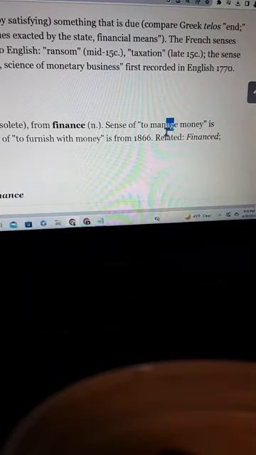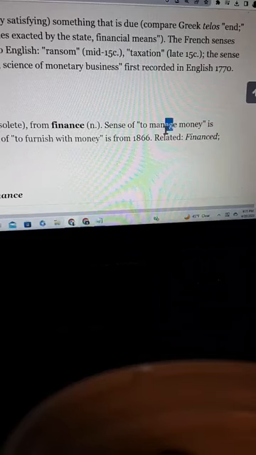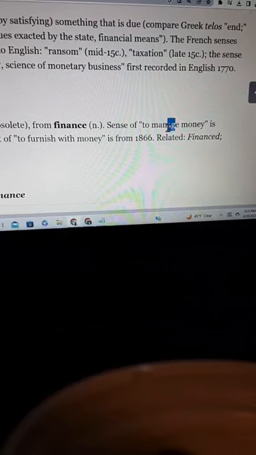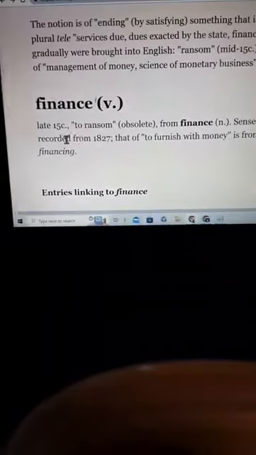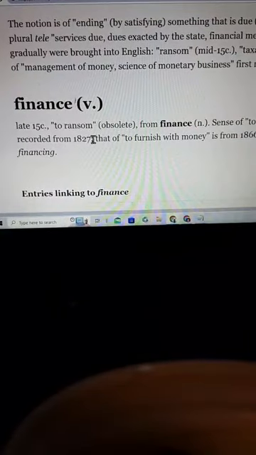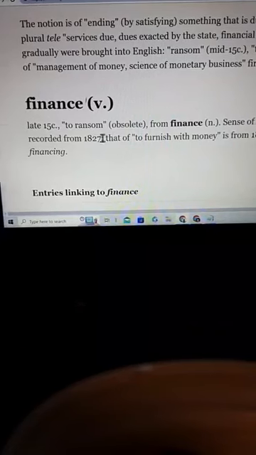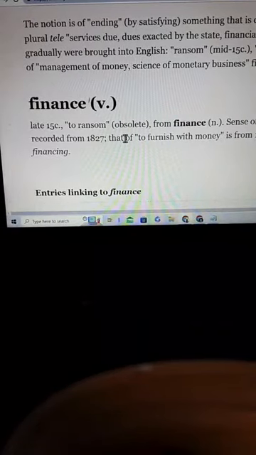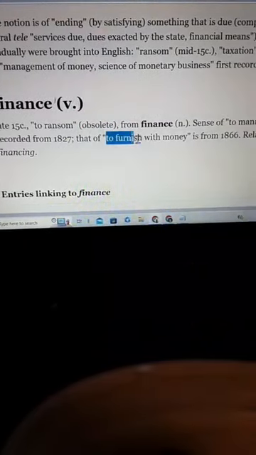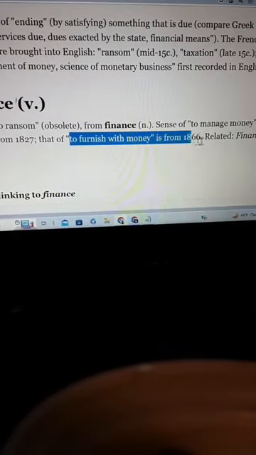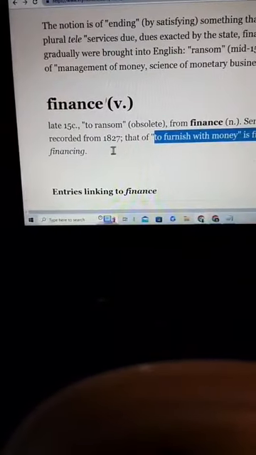God formed man of the dust of the ground, and when he breathed the breath of life into his nostrils, man became a living soul. It is recorded from 1827. See how it's advancing as time goes on and changing, just like the scriptures did. That of to furnish with money is from 1866. Related, financed, financing.